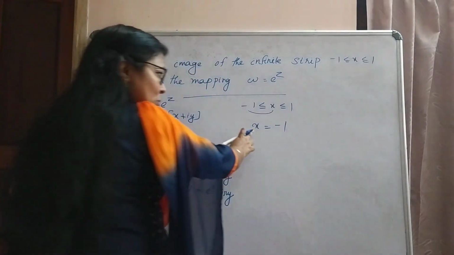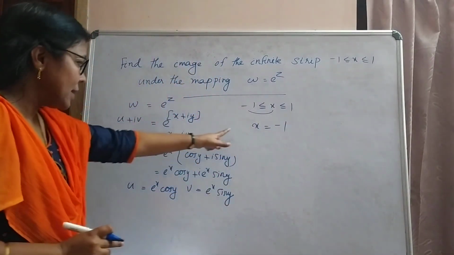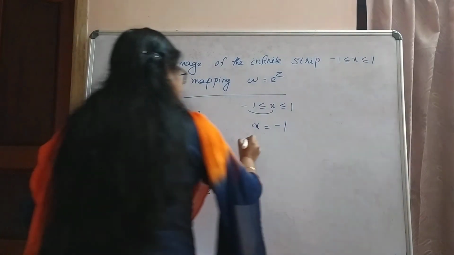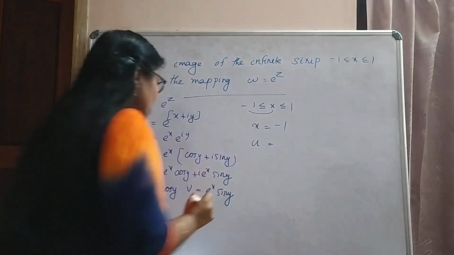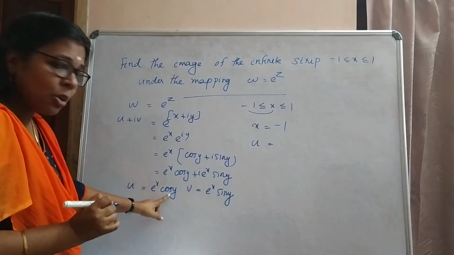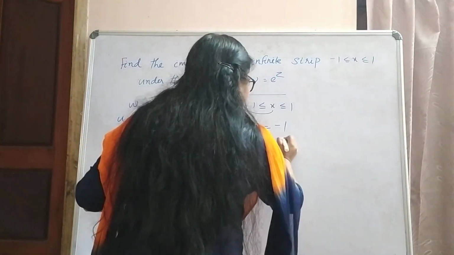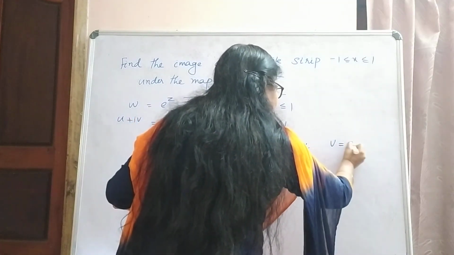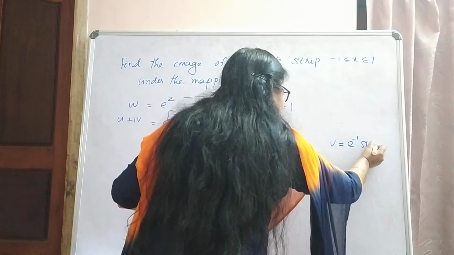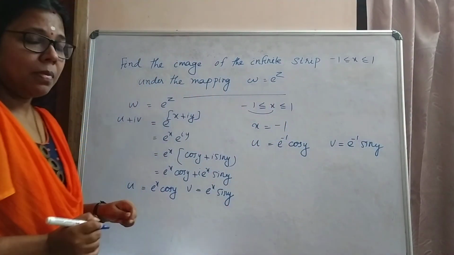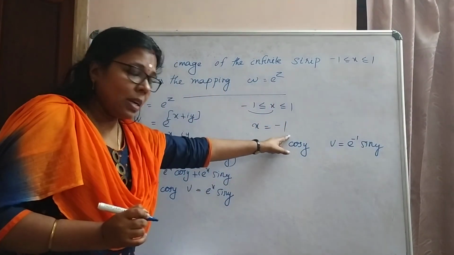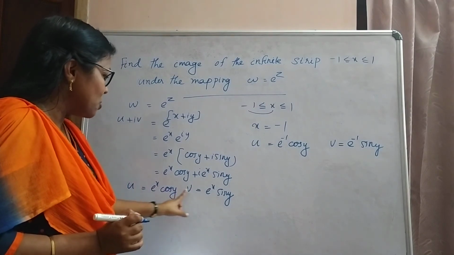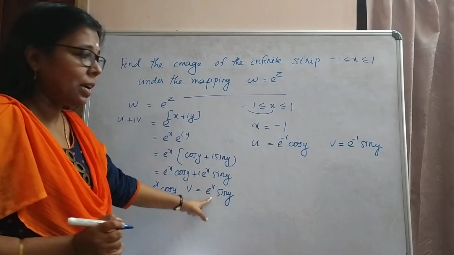What is the image of x equal to -1? X equal to -1 means u equal to e raised to -1 cos y, also v equal to e raised to -1 sin y.